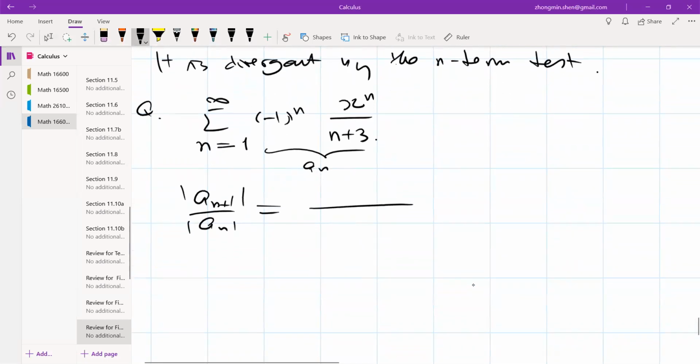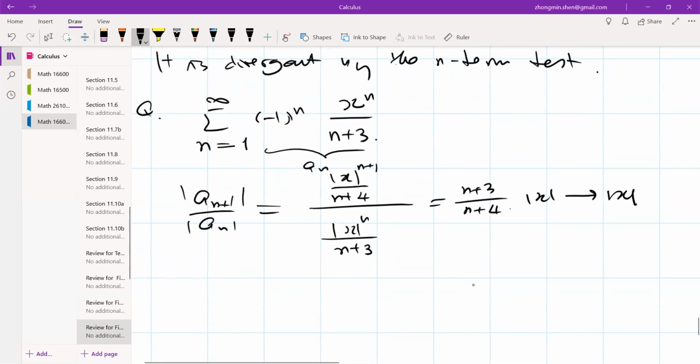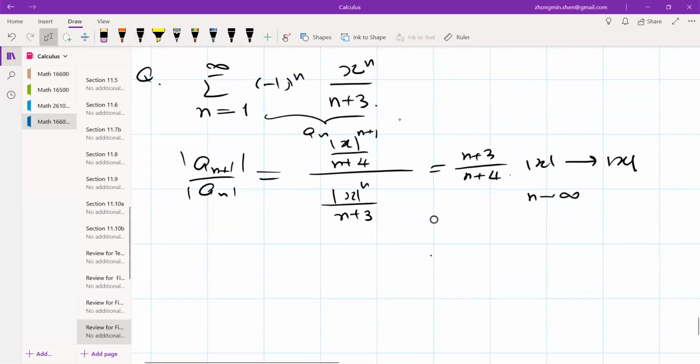After you simplify, you will get n plus 4, x to the n plus 1, and the limit is going to be, okay, as n approaches infinity.